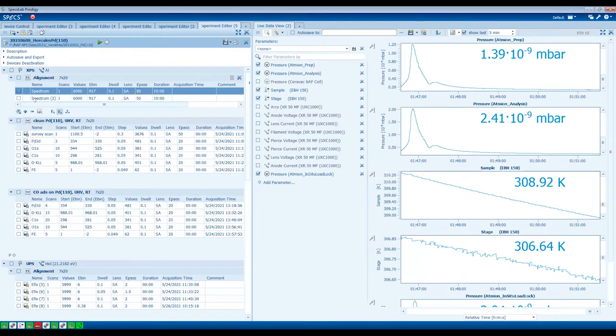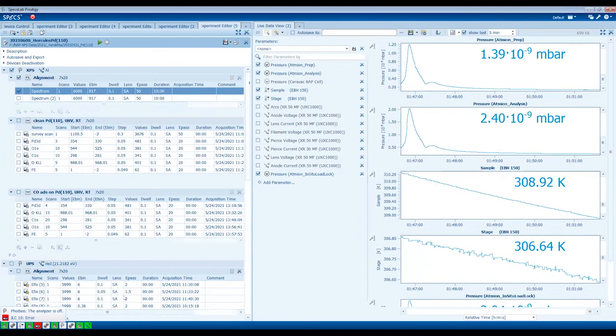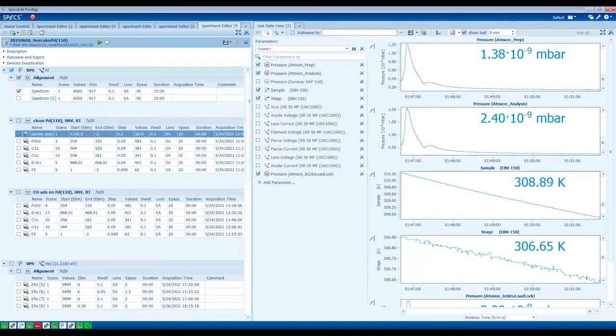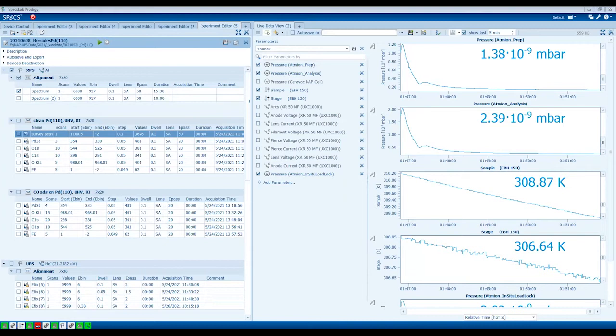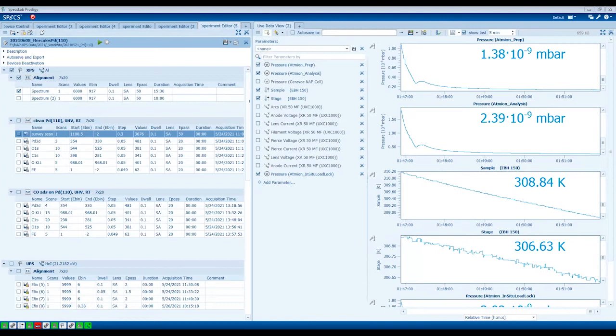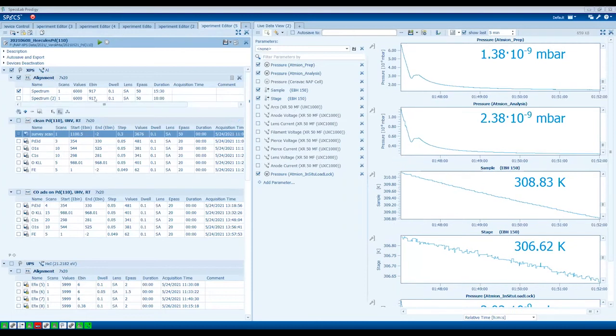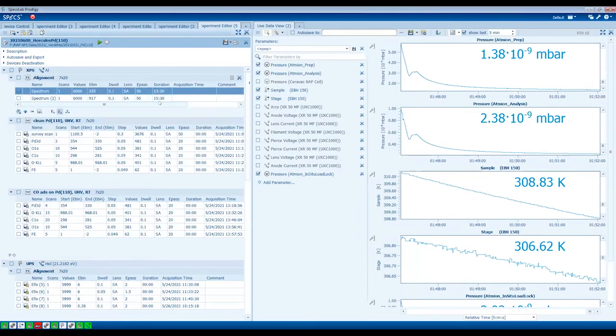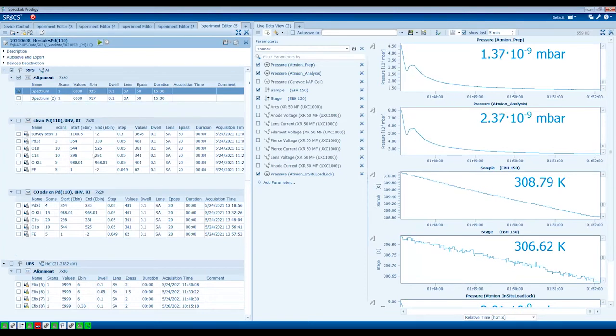Here, the alignment is usually done on the peak. Okay, this is not the case. The alignment is 335. Alignment energy is where the palladium peak is at maximum.